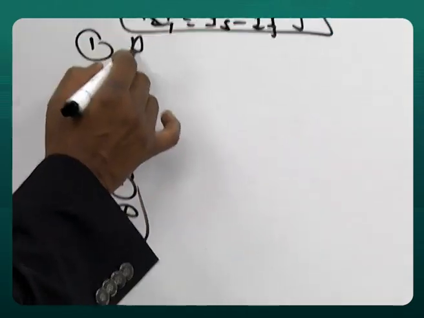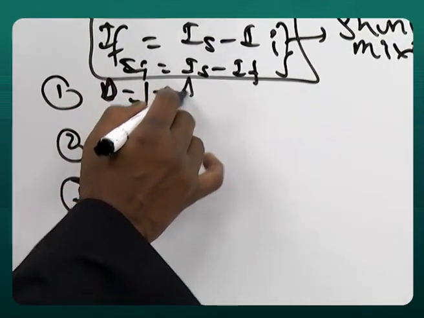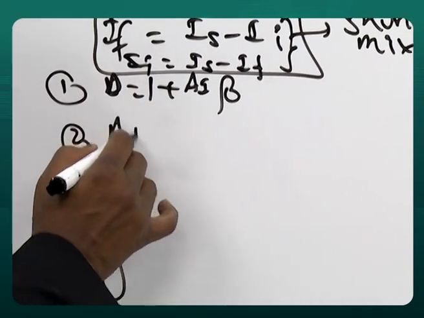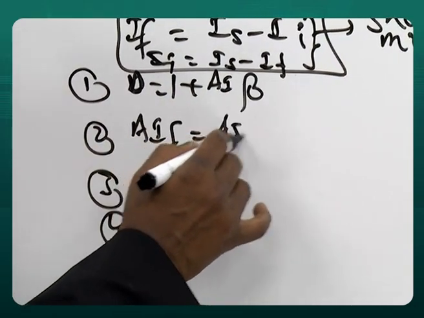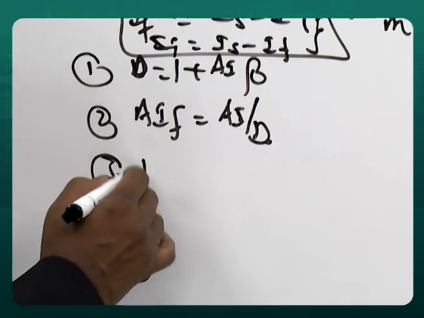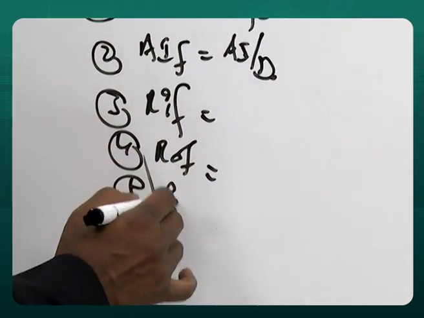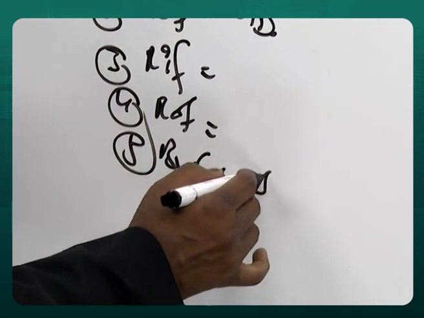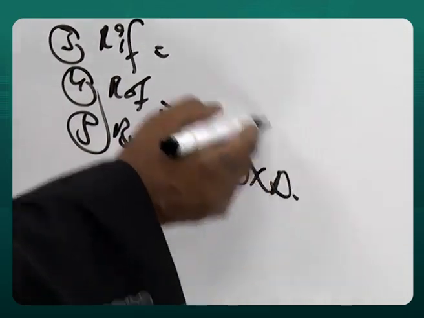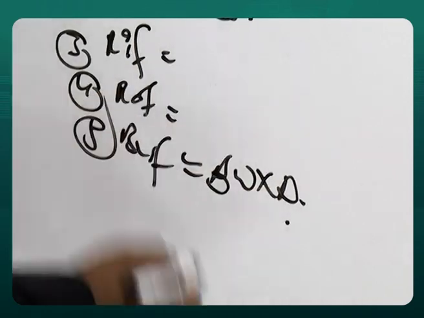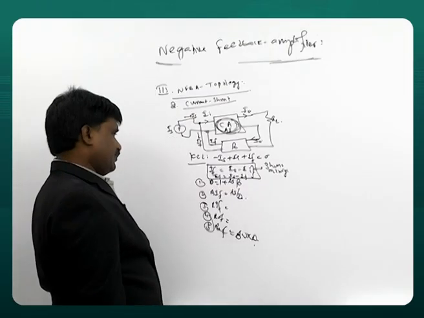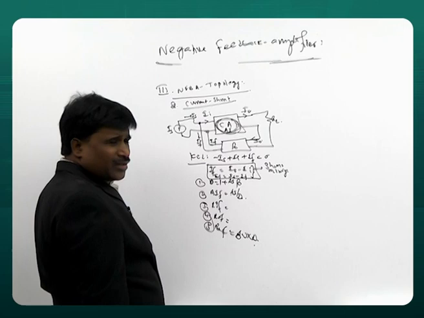What are the changes coming? D is 1 plus AI beta. AIF is AI by D. R0F, RIF, bandwidth with feedback. When gain is decreased, bandwidth increases. That's not a great thing to talk about.